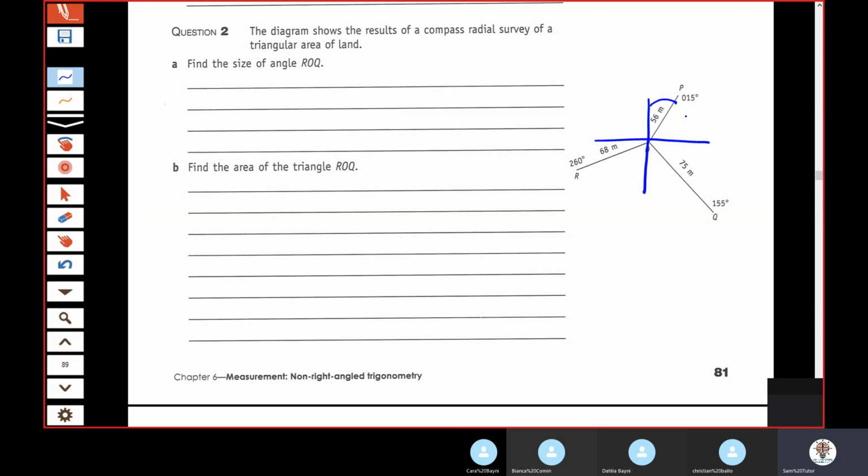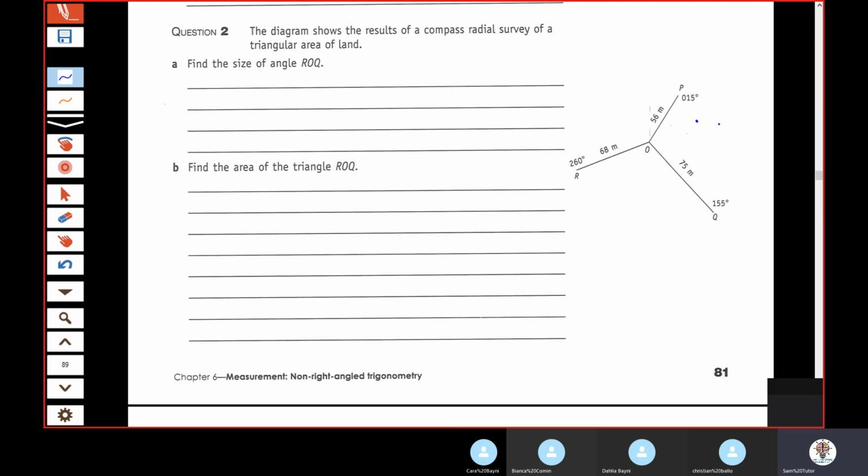15 degrees. True? Yeah. And then from here to here is 155 degrees. So if I ask you to find this angle in here, between Q, O, and P, how would you find that? Minus 155 and 15, you'll get 140 degrees. What does the question ask you to do now?